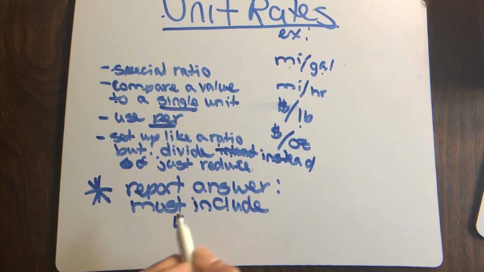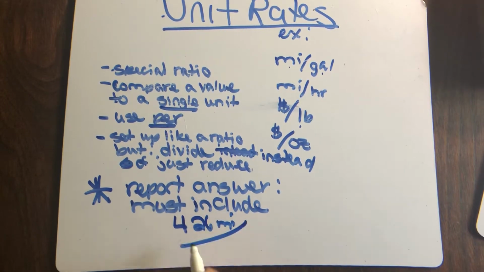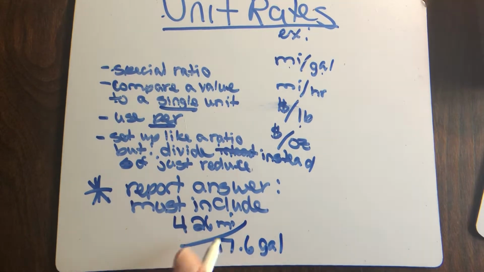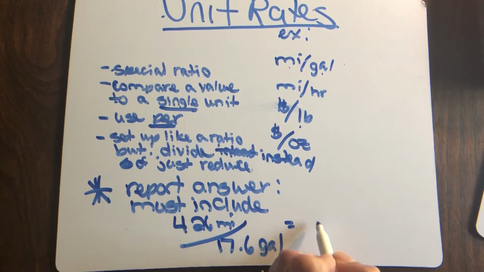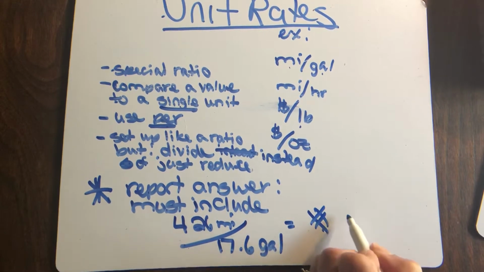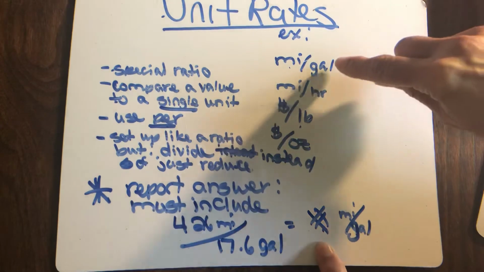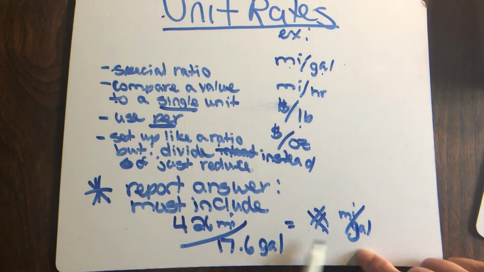If I say I could drive my car 426 miles on 17.6 gallons, when you go to report this answer, I'm not going to work it out, but you have to include your number and you have to include miles per gallon, or else it really doesn't have any meaning. So even though it seems like a lot of extra work to write down your words beside it, you have to include that as part of your answer. So keep that in mind as you work some.